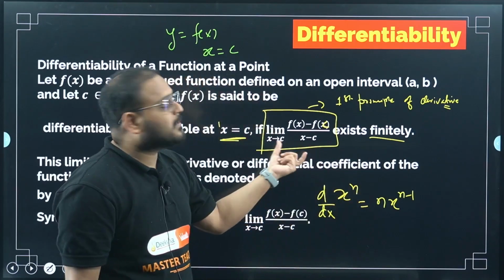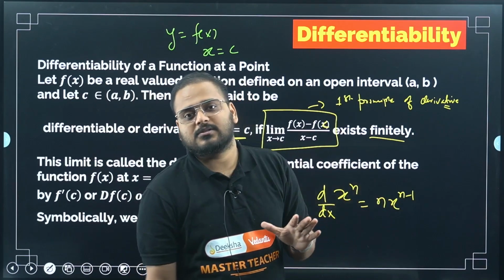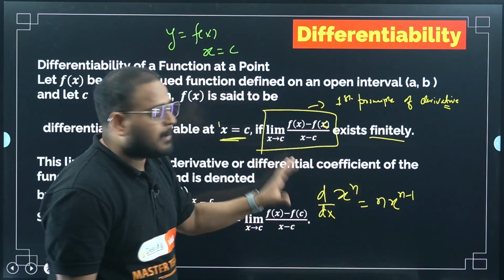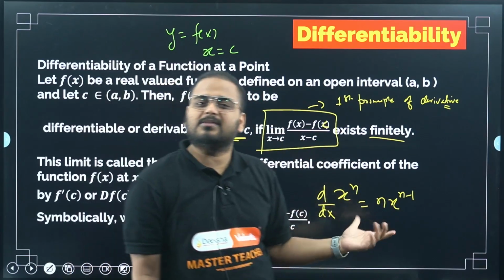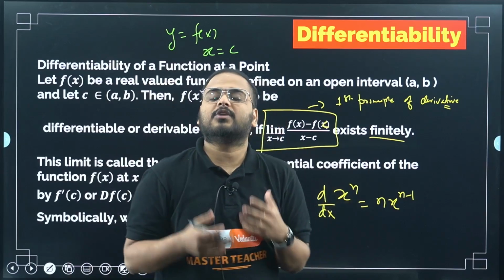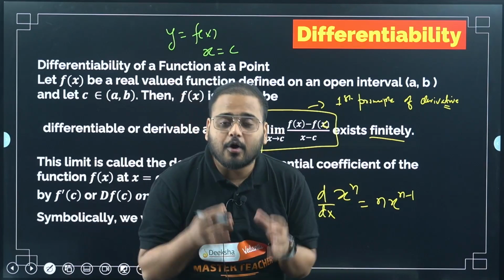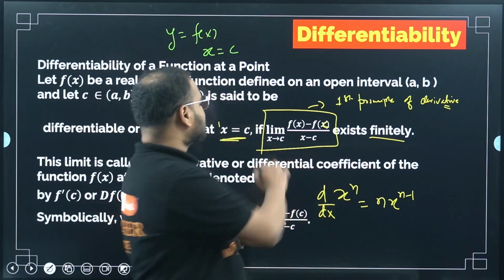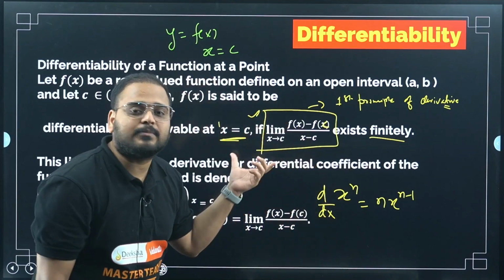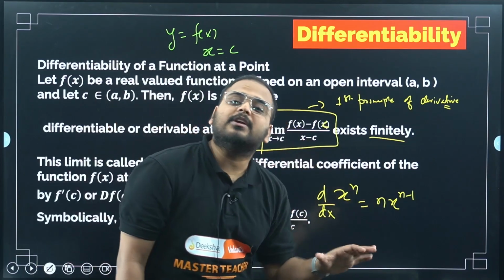You use this first principle of derivative to find these formulas. So that's why this becomes very important. But ultimately what we do is we stick to the formulas because that's more than enough. If you know the formulas, you can apply them to the questions. But if you want to know how the derivatives are derived, this definition of differentiability can be used to reach the formula.